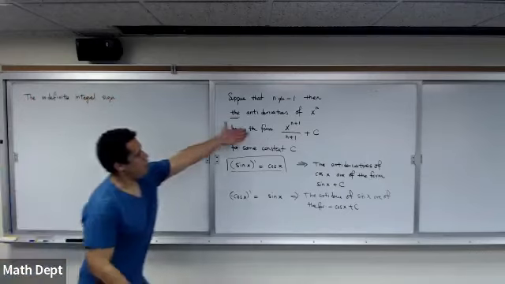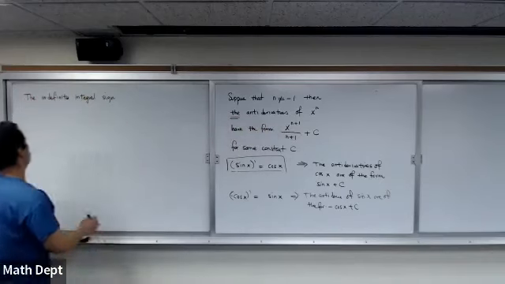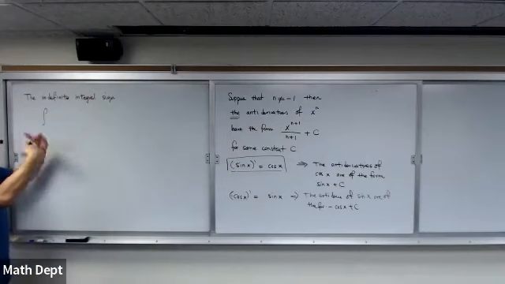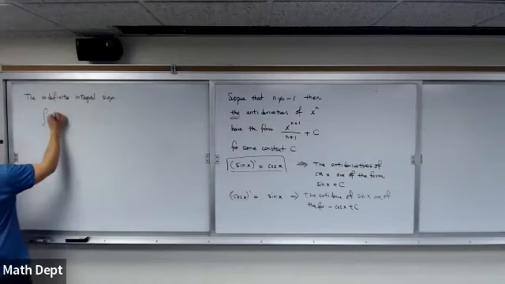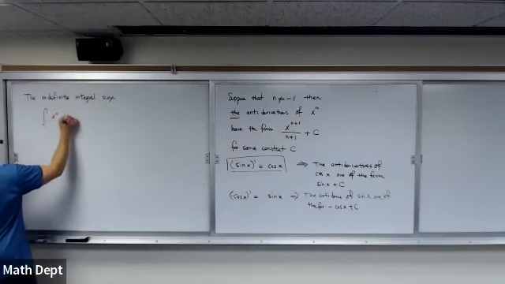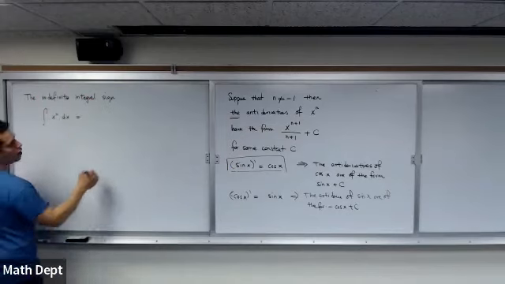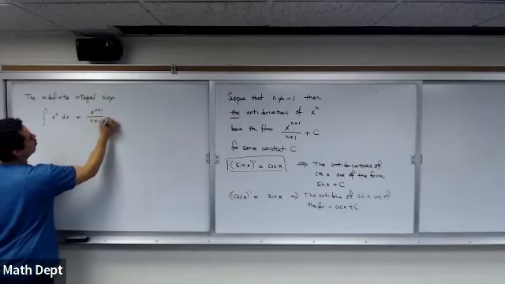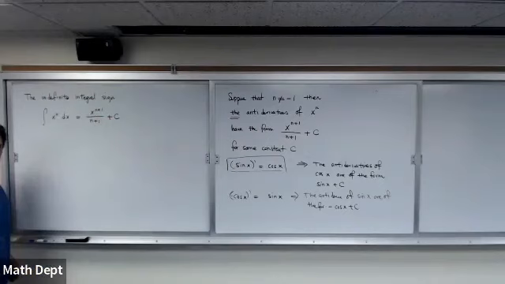So instead of writing this, we would write the indefinite integral, meaning the antiderivative of x to the n dx is equal to x to the power of n plus 1 over n plus 1 plus c.